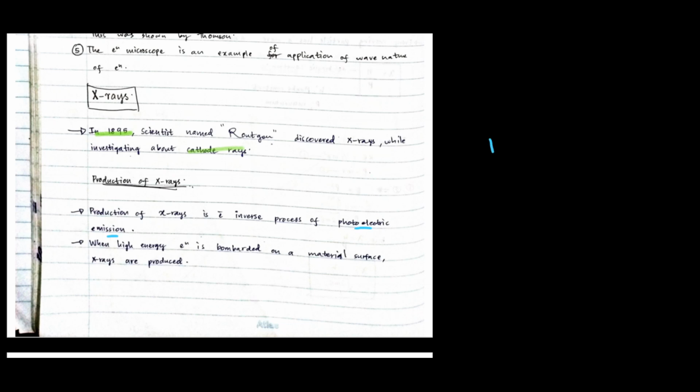Now, in the case of photoelectric emission, we incident electromagnetic radiation onto a surface and electrons are ejected from that surface. So X-rays is the inverse. What we are doing is we bombard the surface with high-speed electrons.